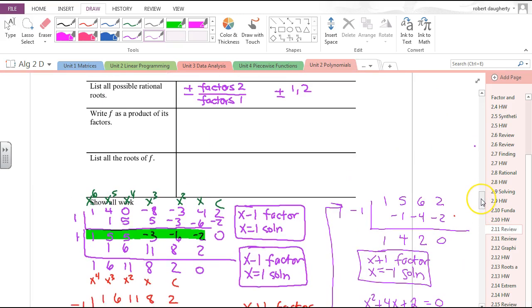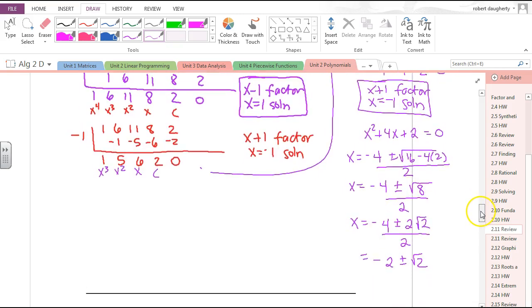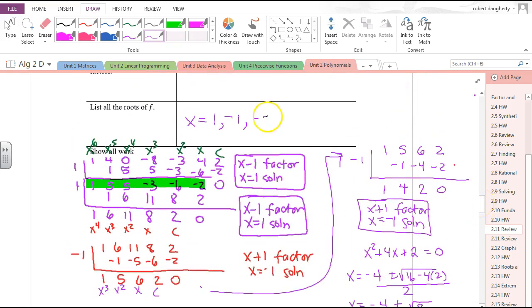The solutions are x equals 1 and negative 1, both of those worked twice, and then I've got negative 2 plus root 2. You could list it like that, negative 2 plus root 2 or minus root 2, or plus or minus. Those are all of the roots.